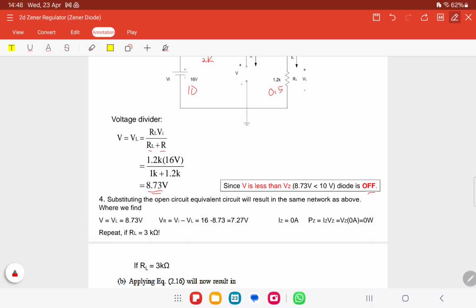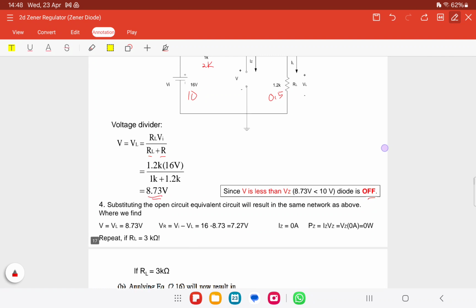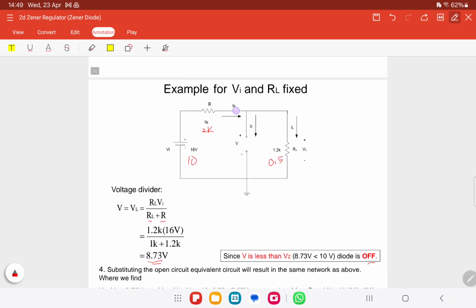So this is how to determine lah. Once it is off, kita boleh terus cari the other yang lain. IR equals to IL, so you boleh perform the KVL biasa.